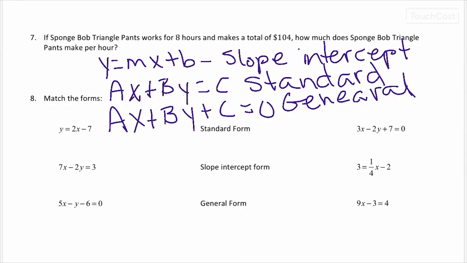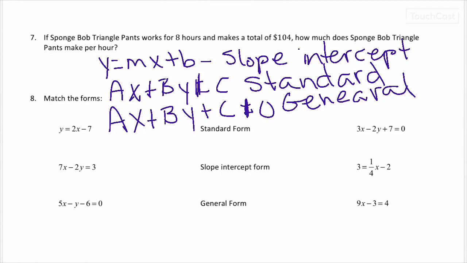All right, so if I have y equals mx plus b, that's super easy. But when x and y are on the same side, because if we look at the equal sign right here, my x and y are on one side and c is on the other. Same with the general form. My x and y is on one side, but 0 is on the other.